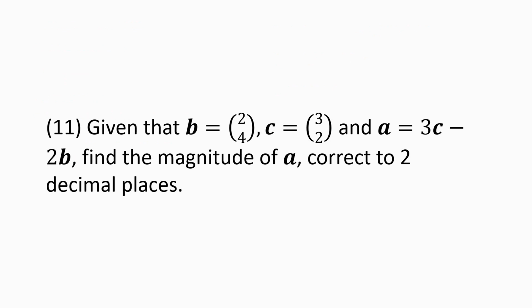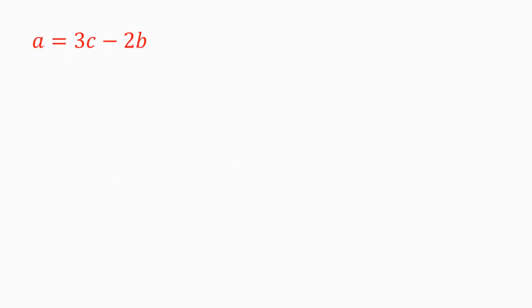Question 11. Given that B is equal to (2,4), C is equal to (3,2), and A is equal to 3C minus 2B, find the magnitude of A correct to 2 decimal places. So we've been given the coordinates of the vectors B, C, and A, and we need to find the magnitude of A. We first compute the coordinates of A, and A is equal to 3C minus 2B. We substitute the C and B. We have A is equal to 3 into (3,2) minus 2 into (2,4).